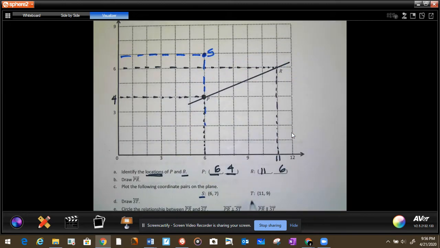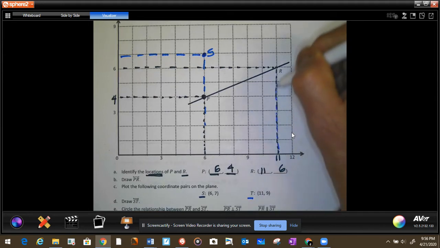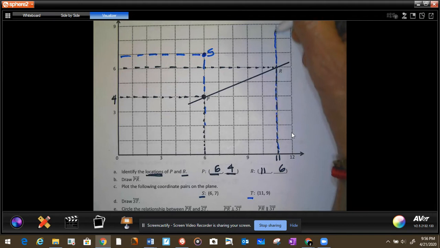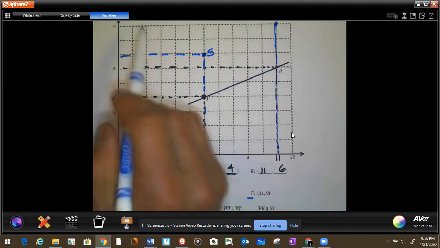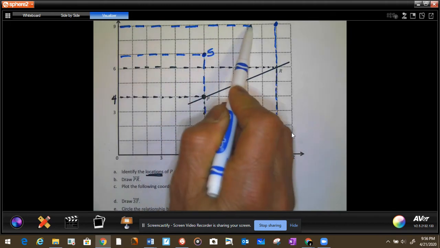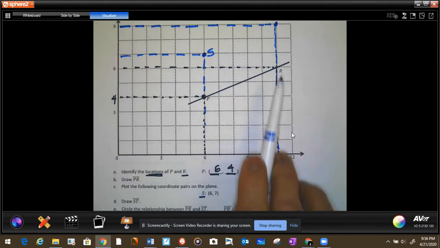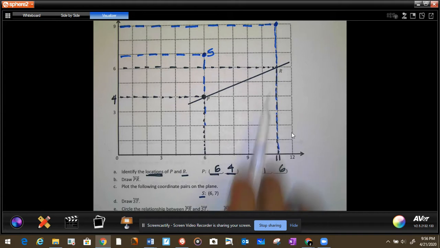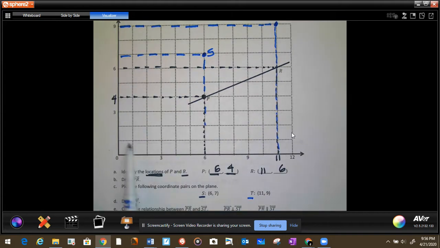Our next point that we're going to locate on the coordinate plane is X is 11 and Y is 9. So X is 11 and Y is 9. So 9 intersects right here with X. So that means this point is away from X, 11 units.